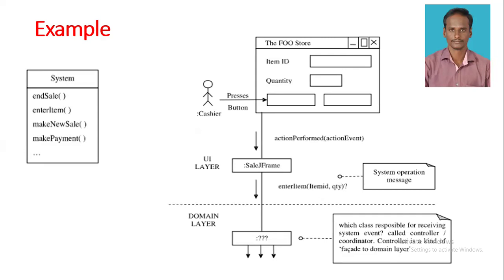For that, the domain layer has to know which class is responsible for receiving that system event. That is called a controller or coordinator. That controller is a kind of facade to the domain layer. It has to retrieve that particular item ID and the quantity. Then it can be multiplied with the price and it shows the total amount.